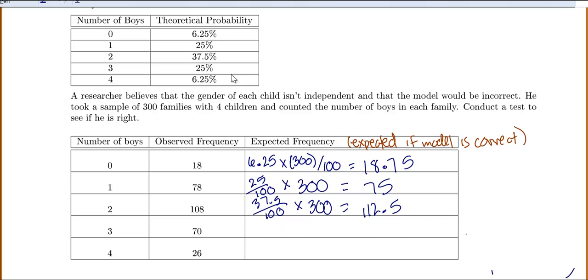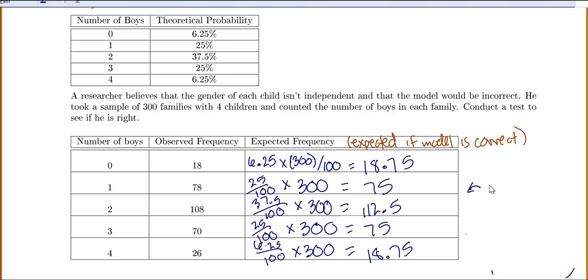And for our next category with 3 boys, that's supposed to be 25% again. So 25 out of 100 times our number of families of 300 gives us 75. And finally, 6.25 out of 100 times our total sample size of 300 gives me 18.75. So again, you do the percentage times your total sample size.